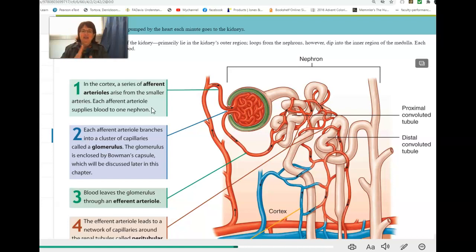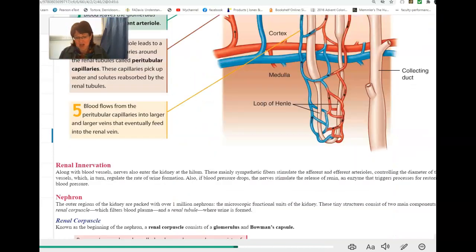So the nephron is the functional unit of the kidney. Most of it lies in the outer part of the cortex, but it loops into the medulla, and each nephron is well supplied with the blood, and there are millions of them. Is it millions or is it billions? Anyway, a large amount of them. What does it say? There are over 1 million nephrons.